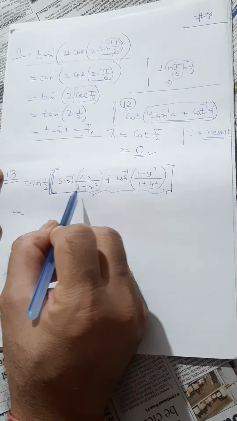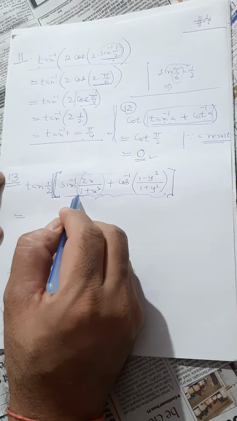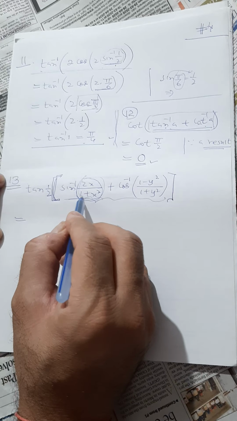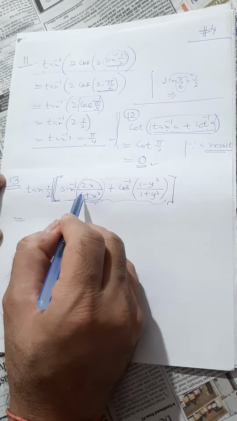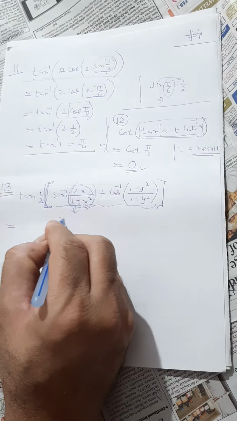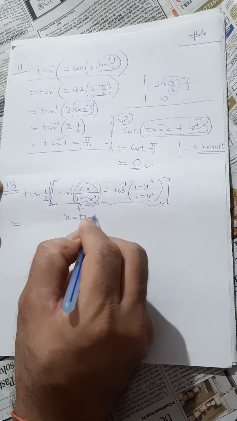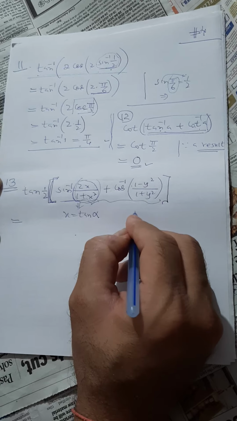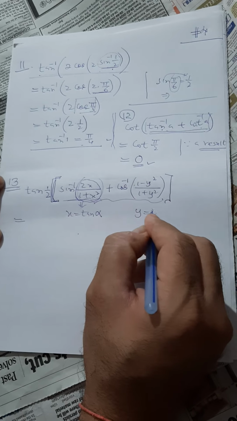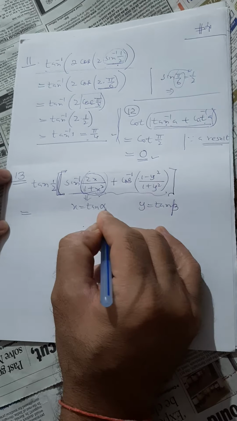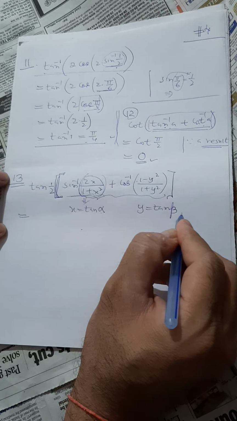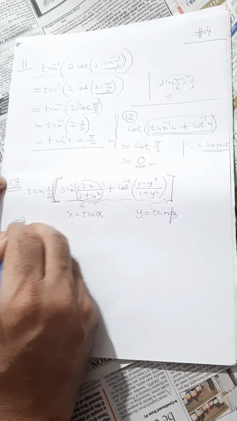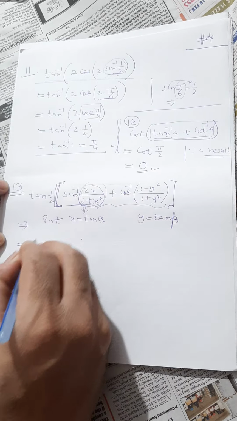Now here you know that this is a standard trigonometric formula, 2 tan theta upon 1 plus tan square. So we put here the substitution. Let's put x equals tan alpha, and you know 1 minus t square upon 1 plus t square, so I'll put y equals tan beta. You cannot use the same angle, so here I've used alpha, here I've used beta. This was our substitution here.